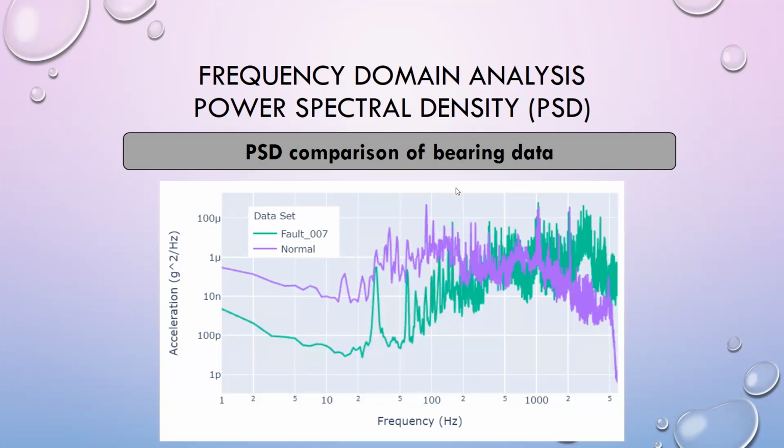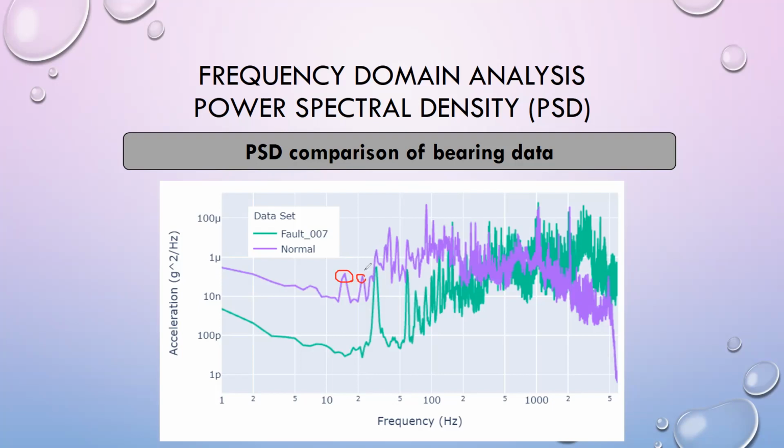Here you can see the PSD of the bearing signals. The purple one is the normal bearing, and the green one is the signal with fault 007. Again, the important part in the signal in the frequency domain is the peak points. As you can see, for the normal one, we have one peak here, which is before 20.